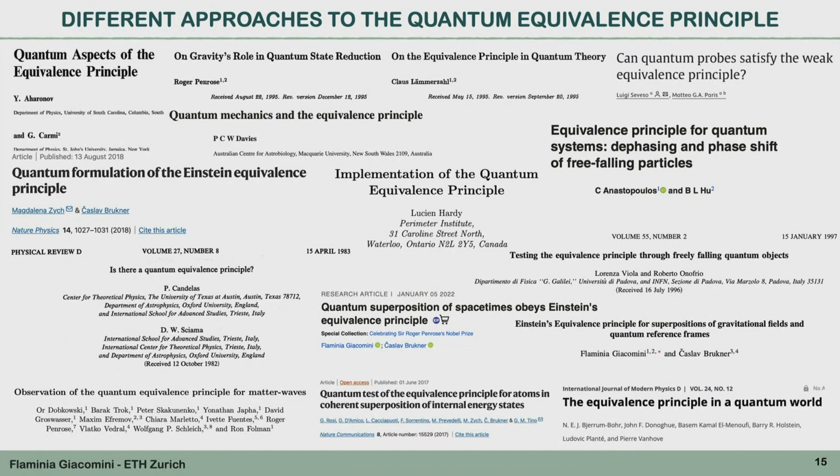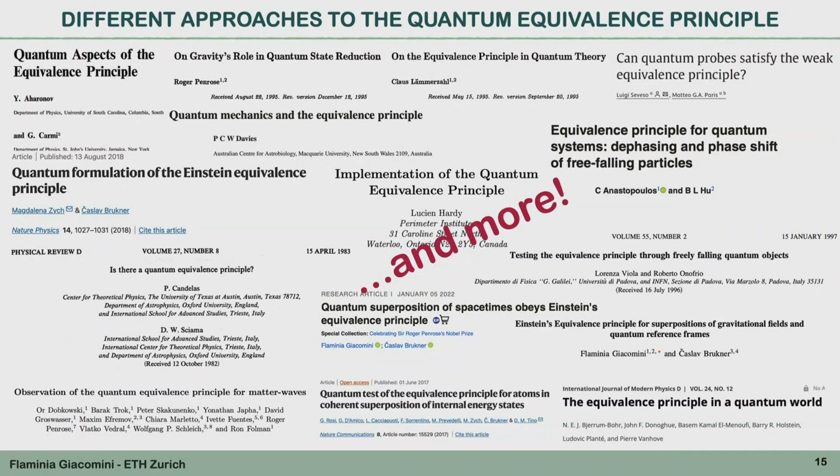Of course, people have thought about the quantum equivalence principle for a very long time, and there are many different approaches, so there is no single way of talking about the quantum generalization of the equivalence principle in any form. This is just a non-exhaustive list of the papers that are out there.